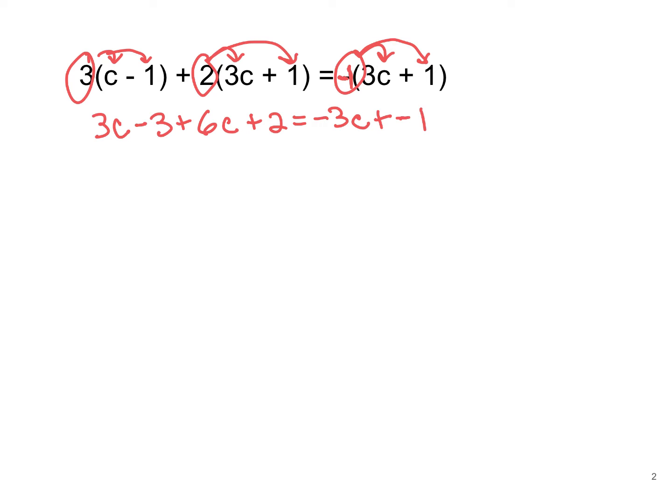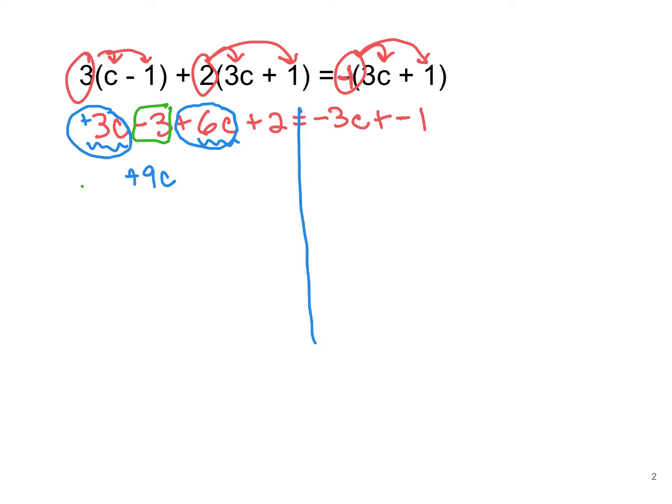Now what we want to do is combine like terms first, before we start moving things at all. So we want to combine the 3c and the 6c. Notice how this 6c is positive, and this is a positive 3c. We're going to combine those two together. So positive 3 plus 6 is positive 9c. We still have our negative 3 and our positive 2, so we want to combine those also.